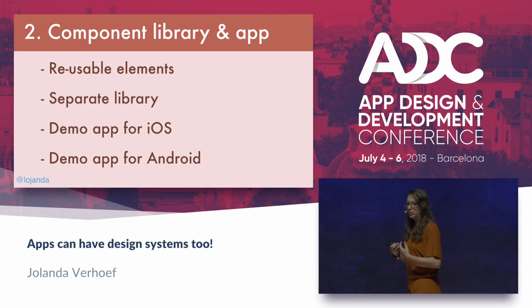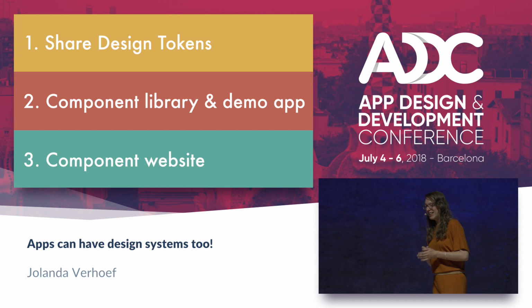So to summarize, we will have reusable elements. Those can be put in a separate library, and we can create a sort of a design system or demo app for the different clients, and then display a list of those components. So you will always know in an up-to-date way what the different components are that we support.